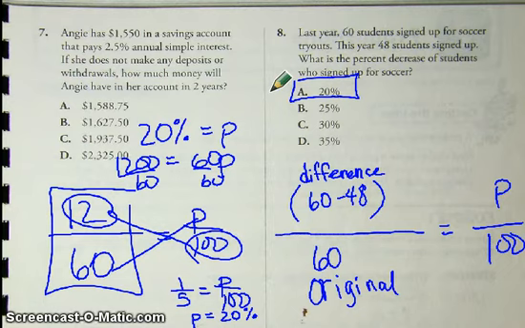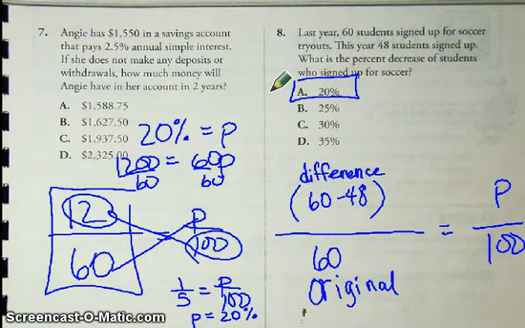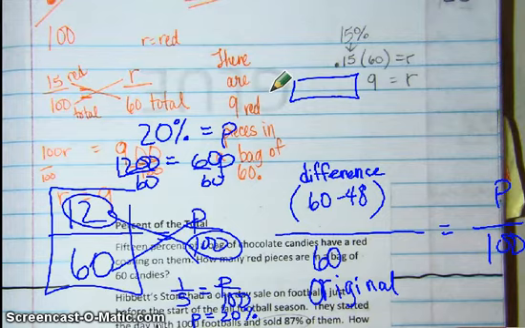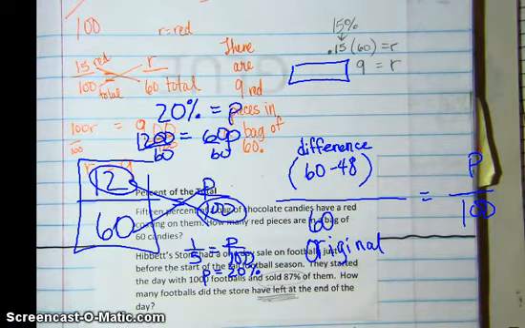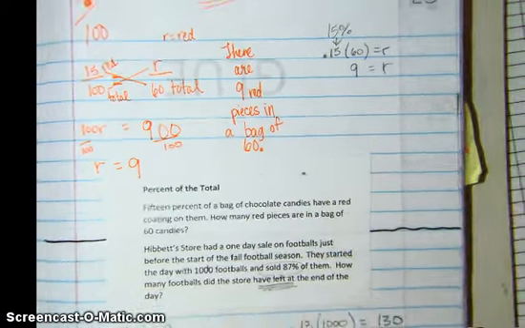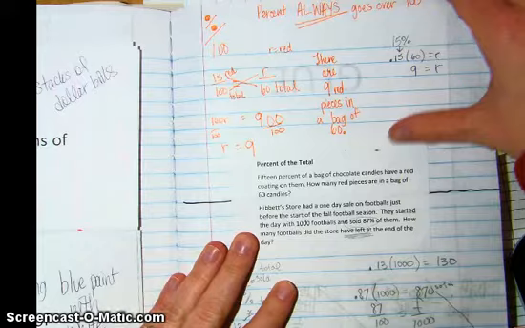I strongly encourage you guys, if you haven't already, to go back in your journals to the percent stuff that we did, and we did a whole bunch of them. And you should probably study those. So I'm looking in my journal right here, all of these. Percent of the total, there that is.